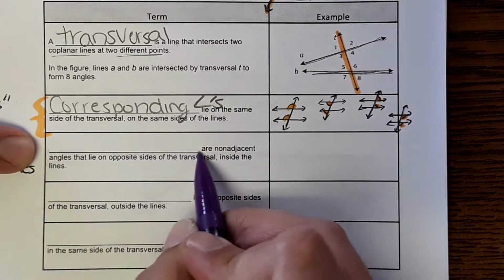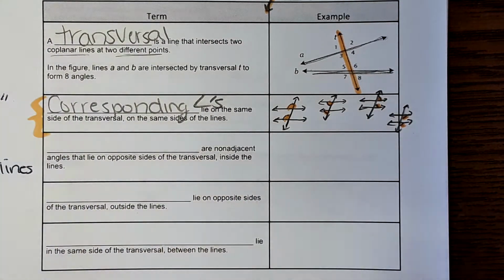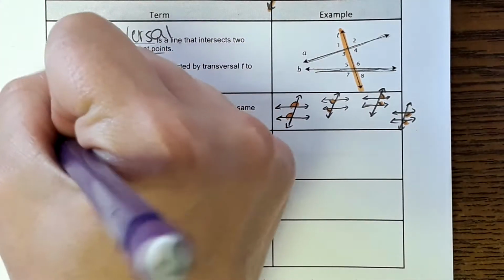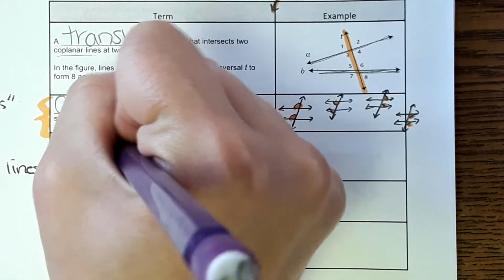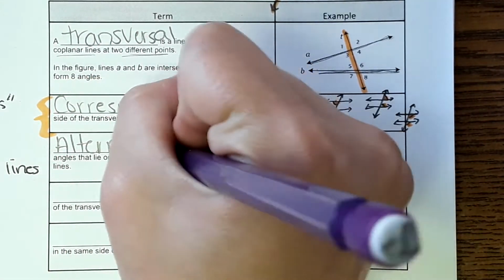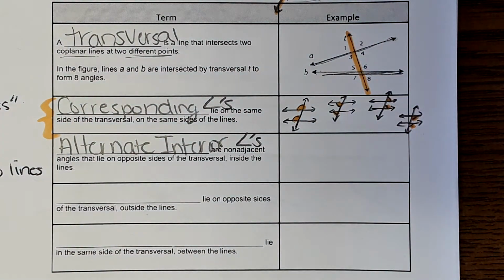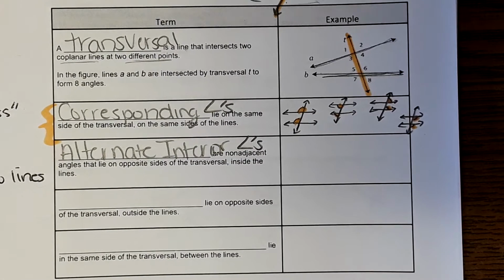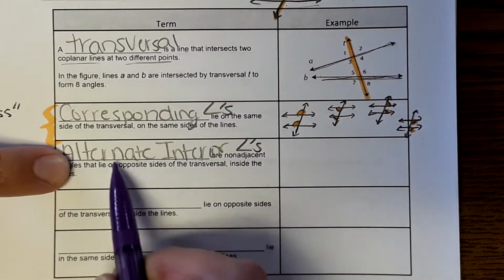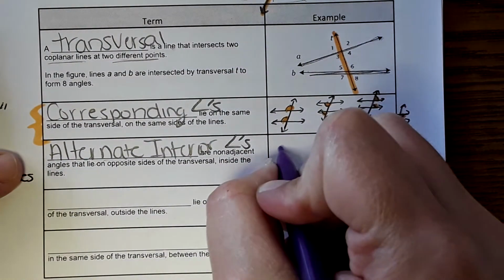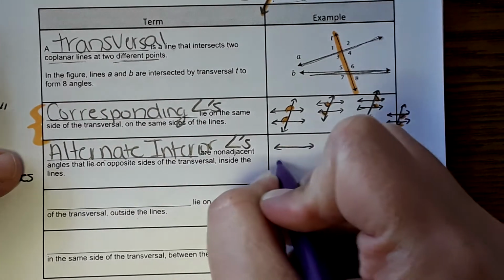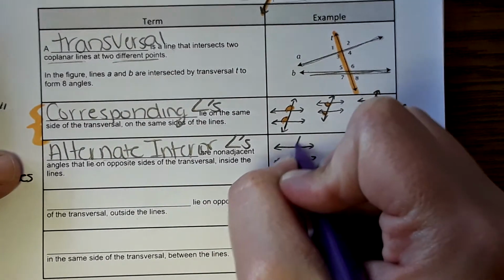Next, blank are non-adjacent angles that lie on opposite sides of the transversal inside the lines. I know that definition doesn't help you much. Alternate interior angles. Other than corresponding, you can use this to figure out what they're talking about. So we're going to draw two of these this time.